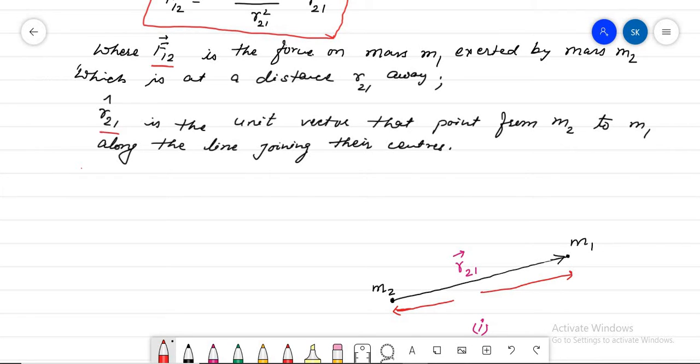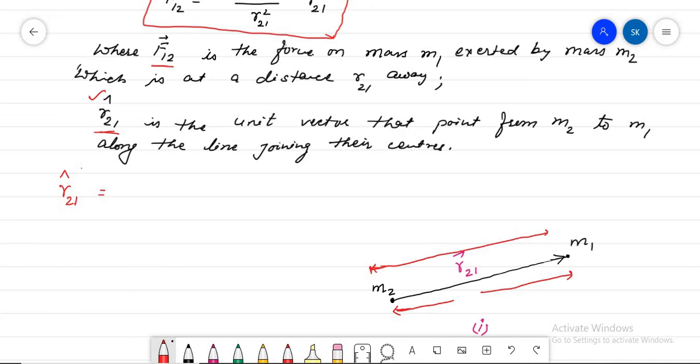So R21 cap I have written here already. R21 cap here is the unit vector that points from M2 to M1. That means you are taking the distance from M2 to M1. This is the actual distance along with the vector sign. Here is the vector sign, unit vector. This is R21 cap.